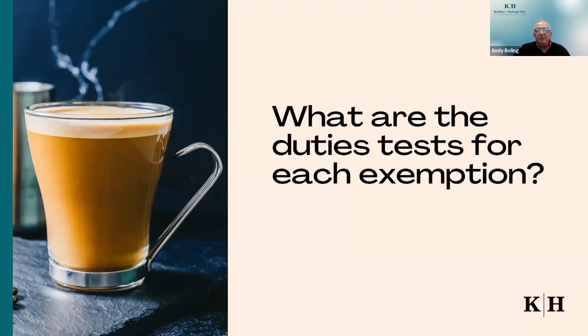An administrative worker will be exempt if their primary duty is the performance of office or non-manual work directly related to management policies or general business operations, and you exercise discretion and independent judgment with regard to matters of significance.